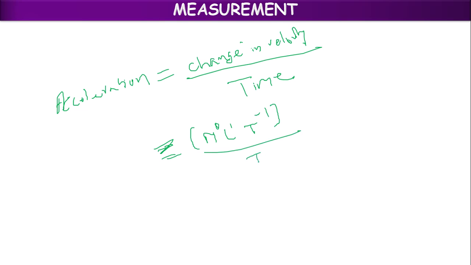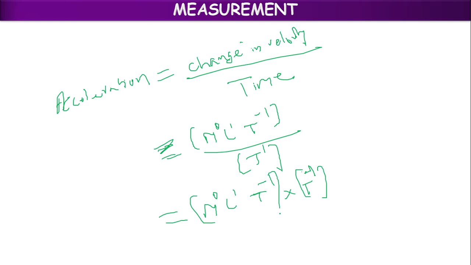So by time, by T, meaning T1, it goes upside and becomes T minus 1. So M0 L1 T minus 1 into T minus 1; T minus 1 and another T minus 1, if we add, it becomes M0 L1 T minus 2. So this is the dimensional formula of acceleration.